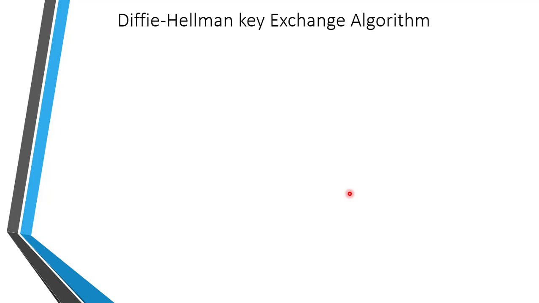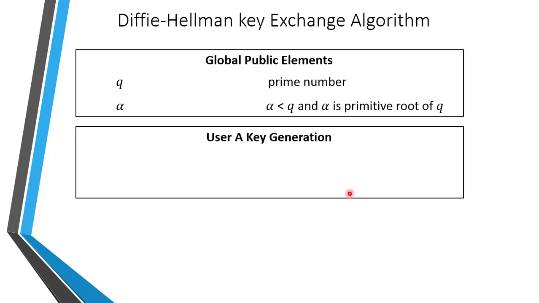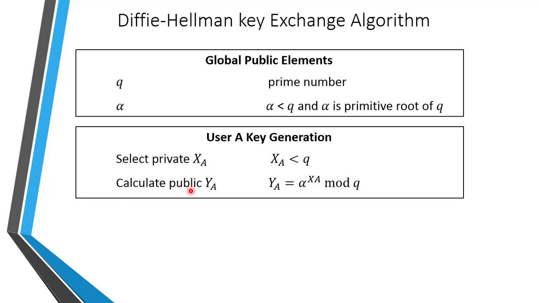Next, we will see the algorithm. First of all, we have two global public elements which are known by the sender as well as the receiver. That is Q, which is a prime number, and alpha, its primitive root, which is less than Q. After that, we have two users, user A and user B. User A selects a private number XA which is less than Q, and then generates its public key YA.